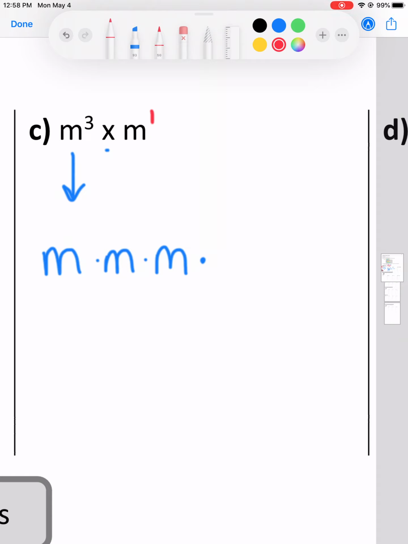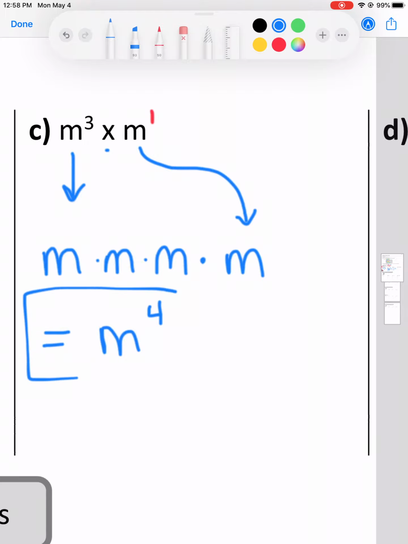We don't need to. You guys know this by now, okay? So it's just going to be 1m. If you said m to the power 4, you are correct.